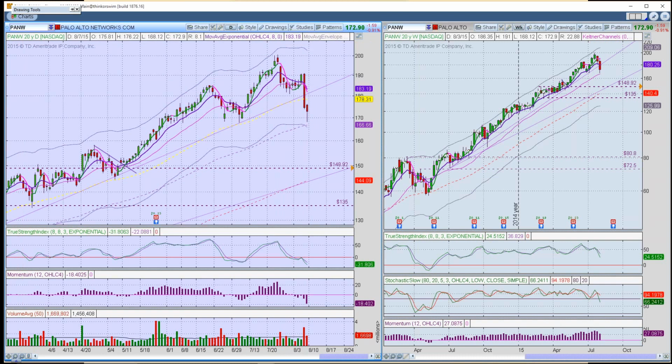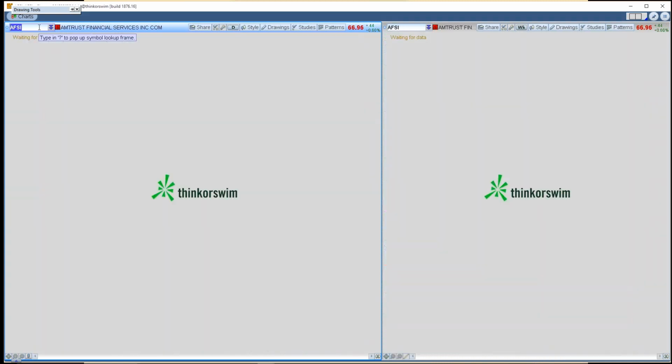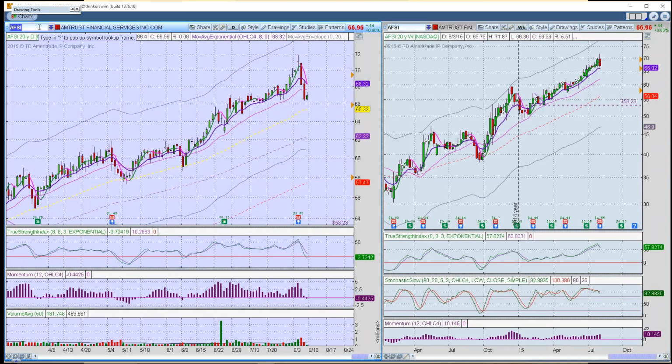A couple other ones that are interesting from a short position. I kind of like Apple for the short position, but AFSI. Again, it has its initial failure, and this would be a shooting star type of pattern. It drops, and now we're down seeking where it had support before, around the 66 level.